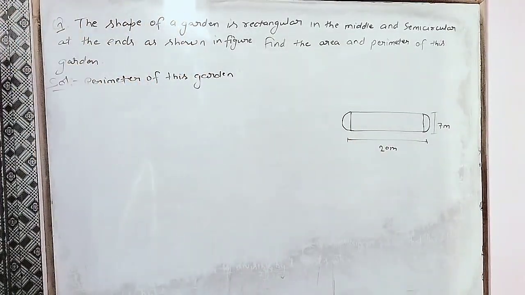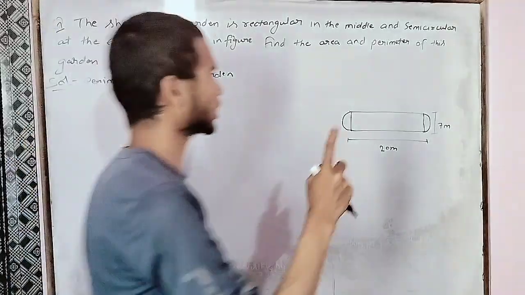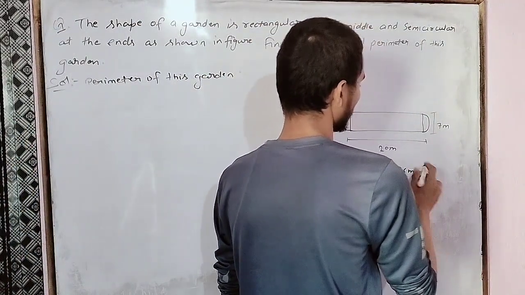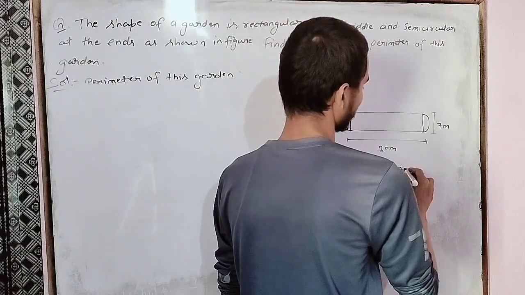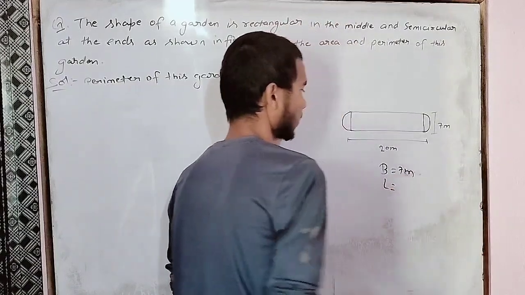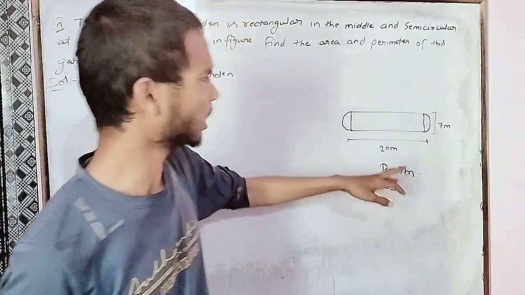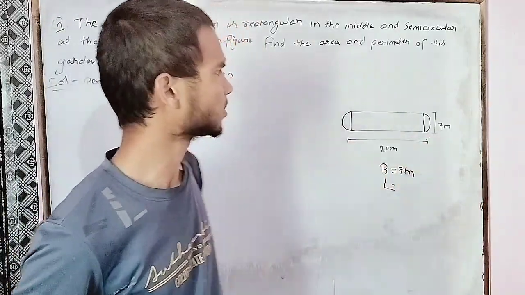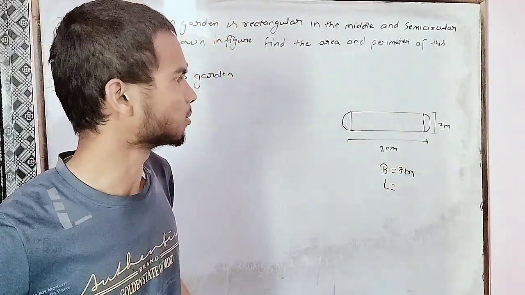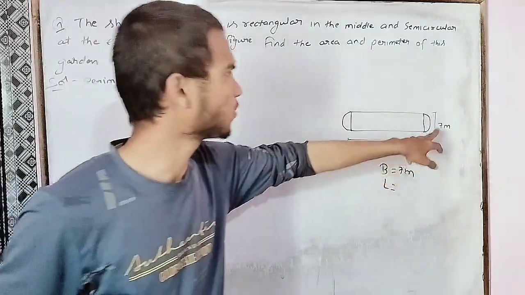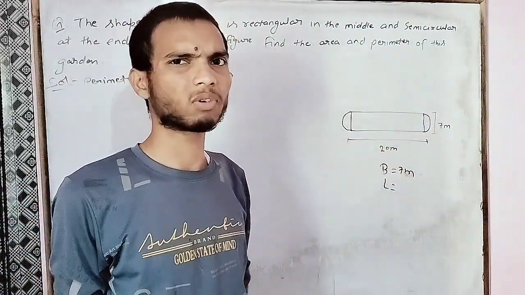Breadth is how much? It is 7 meter. But for the length here, try to understand very carefully. This is 7 meter. So can we say 7 meter is the diameter of this semicircle? Of course.